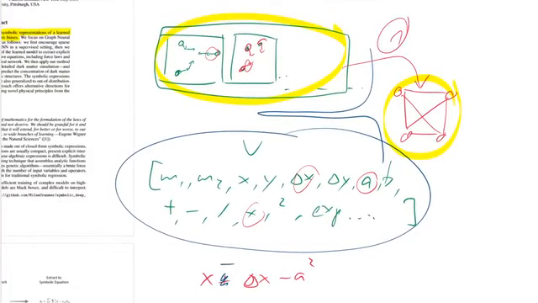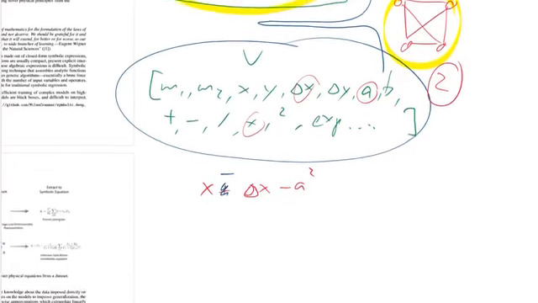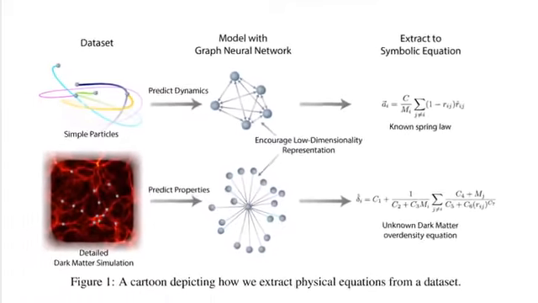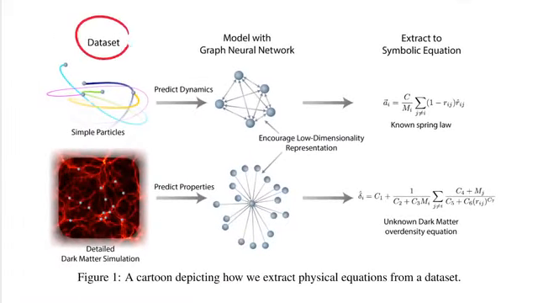All right, so that's basically the two-step process here. First step is to numerically regress a neural network to describe the system. And then the second step is, from that neural network, to parse out the equations. So we have to talk about graph neural networks. Here you see the entire process as they describe it. They have this data set of observations of these physical systems, like any data set that you have in machine learning.